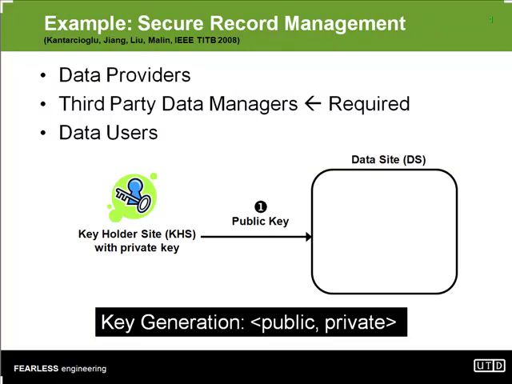Basically, we divide it into 2 sides. One side will hold the keys to encrypt the sensitive data, and the other side has the data that's encrypted. But this side doesn't have the key, so it cannot see the data sources.